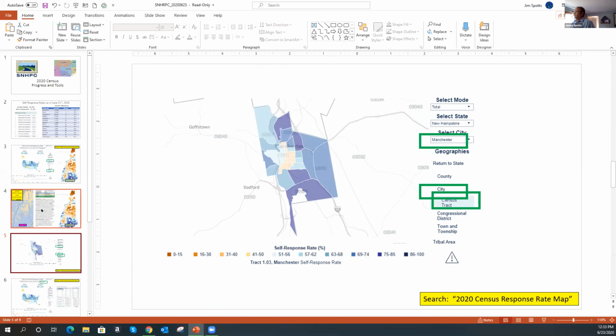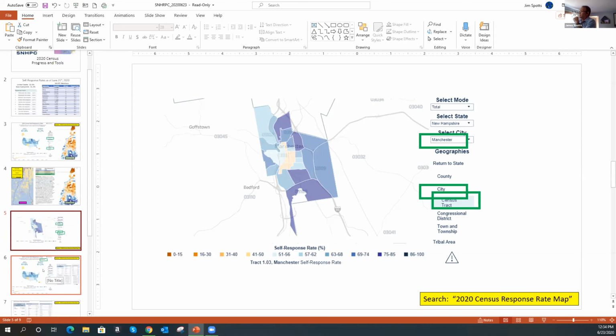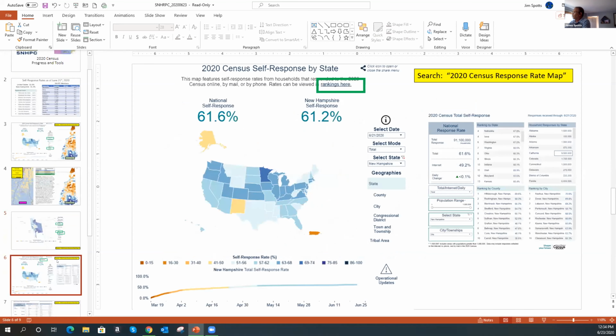If you want to look at the type of enumeration, you can basically Google 2020 census type enumeration area viewer. This is all in the presentation, but that will bring up the type of enumeration inside of your municipality. The third thing I'd like to bring up is that there's a tabular format for the information in the 2020 self-response rate map.